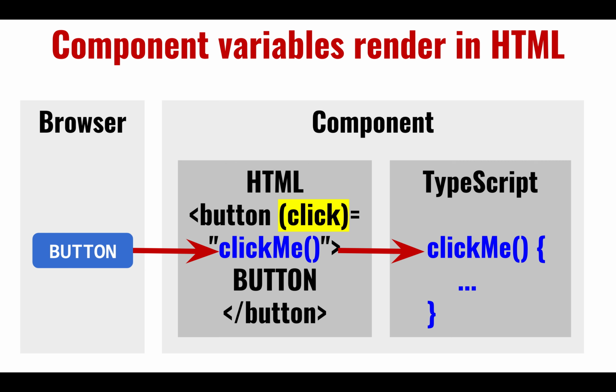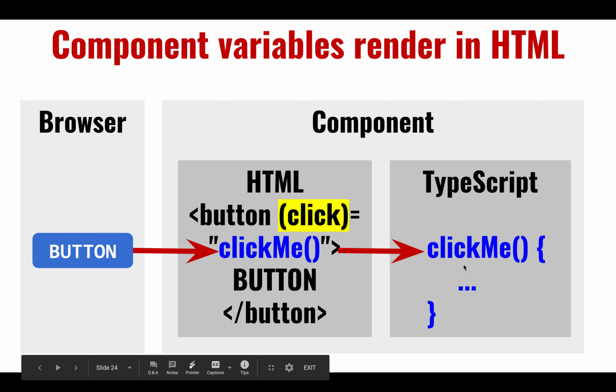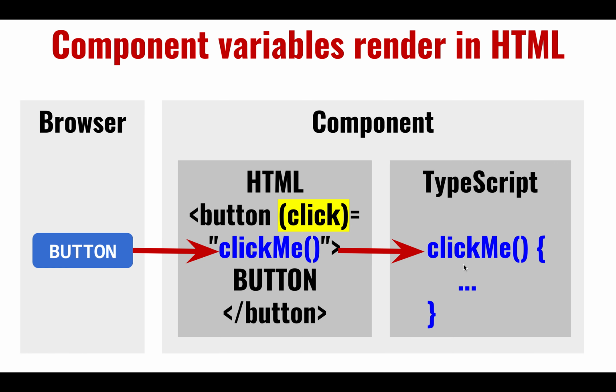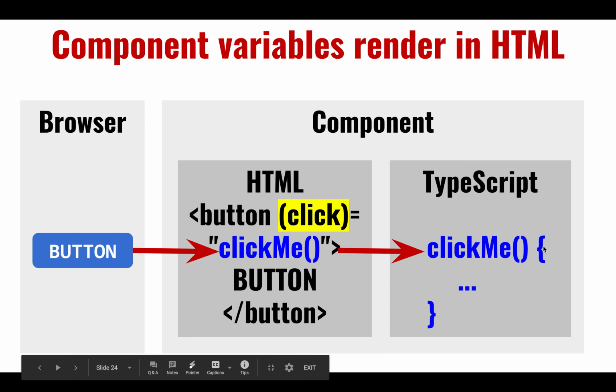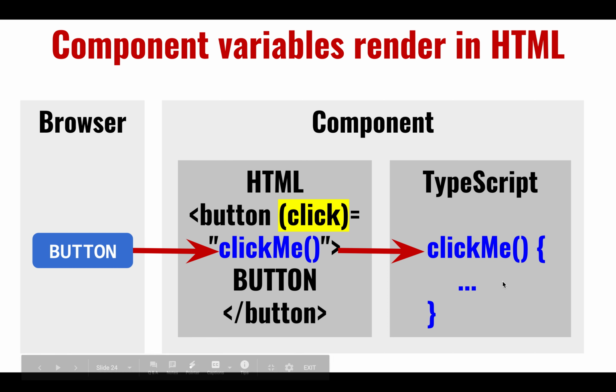In Angular, it's always the function and the parentheses, even if you're not passing any arguments to that function. It's clickMe and then the empty parentheses, it's just invoking it, right? And this is going to be bound to a function that is declared and implemented on the TypeScript side. If you click on that, it calls clickMe, and it handles it on the TypeScript side. Everybody good?